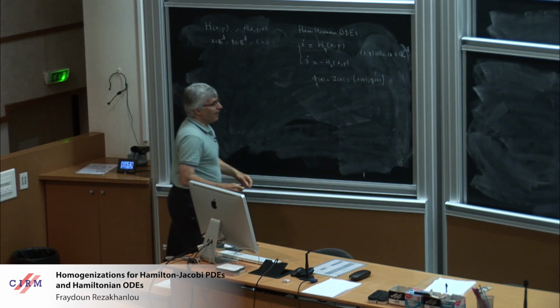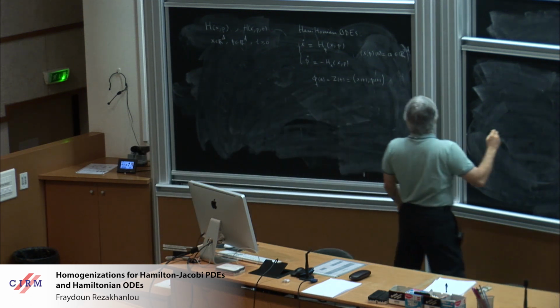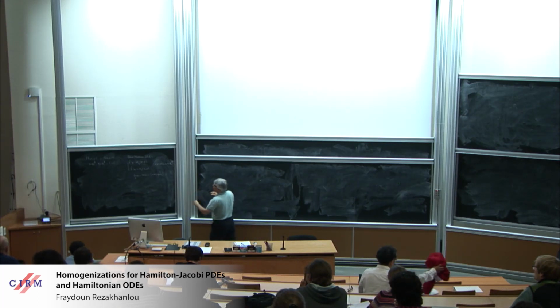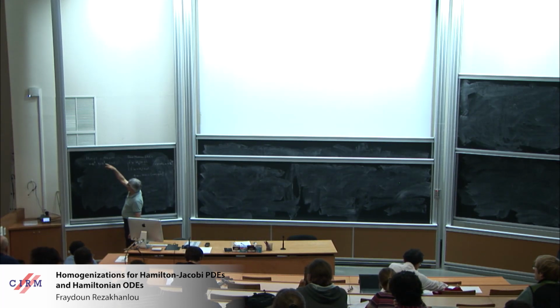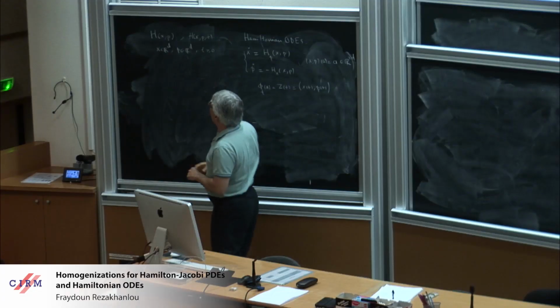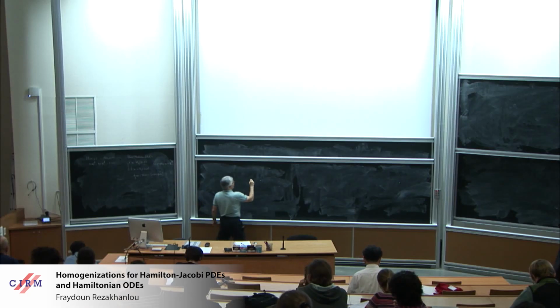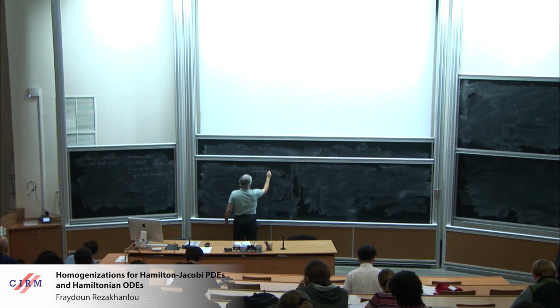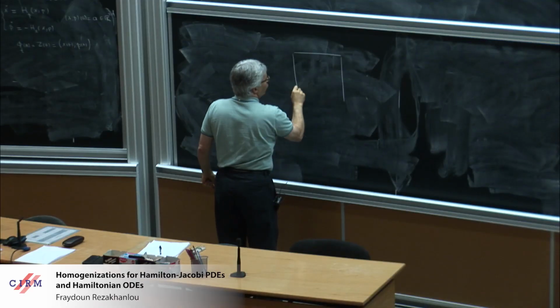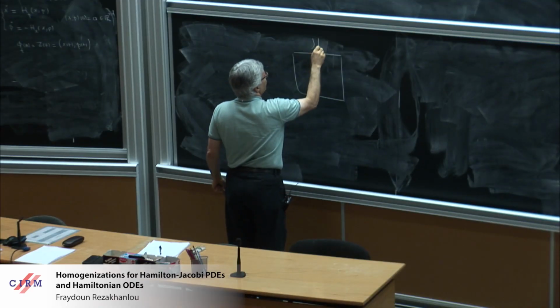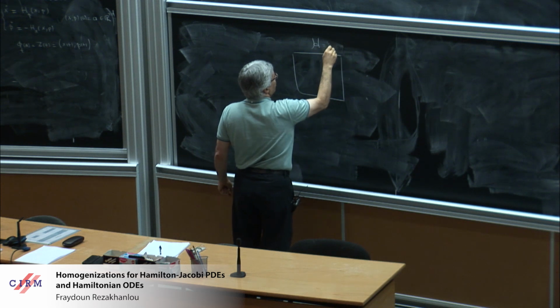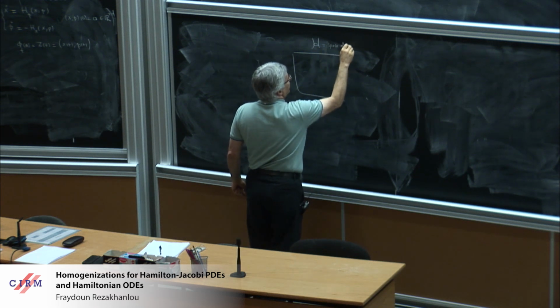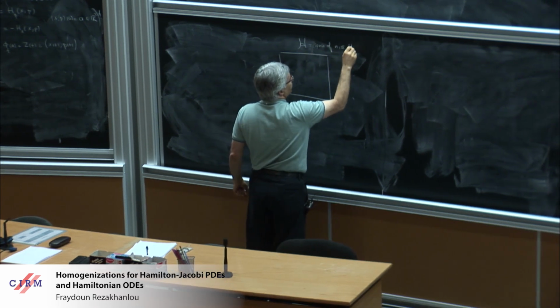So if I want to have a nice picture to compare the various contexts in which you have a Hamiltonian function, the picture would look like this. You have the set of all possible Hamiltonian functions that are denoted by H. So this is the space of nice Hamiltonian functions.